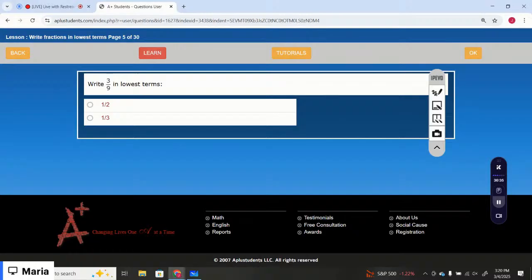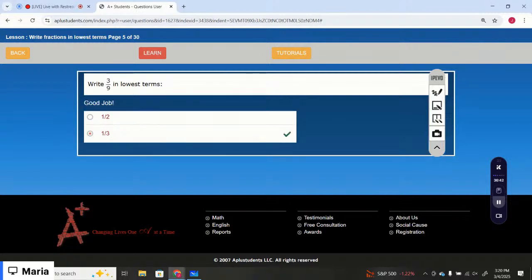That is 1 over 3. You have to divide them by 3, right? That is 1 by 3. Option number 2 is the correct option.